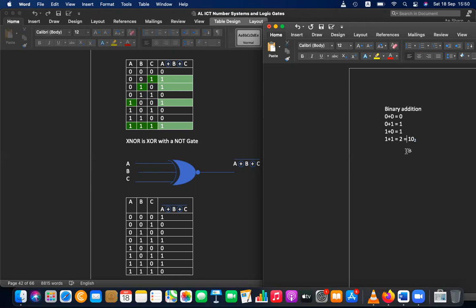When you add binary numbers, 0 plus 0 is 0, 0 plus 1 is 1, 1 plus 0 is 1, and 1 plus 1 is 2. This is addition. This is not XOR, this is not some other gate, this is addition. If you write this as a table, let's create a table.